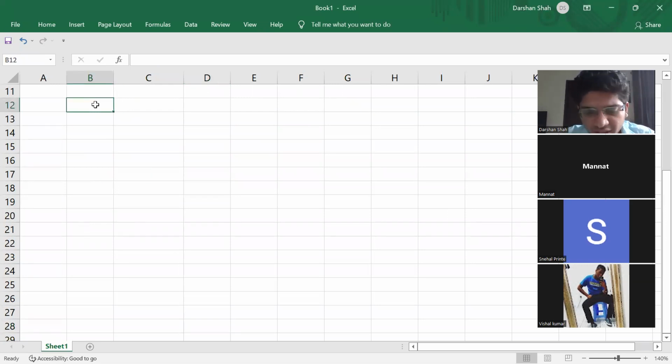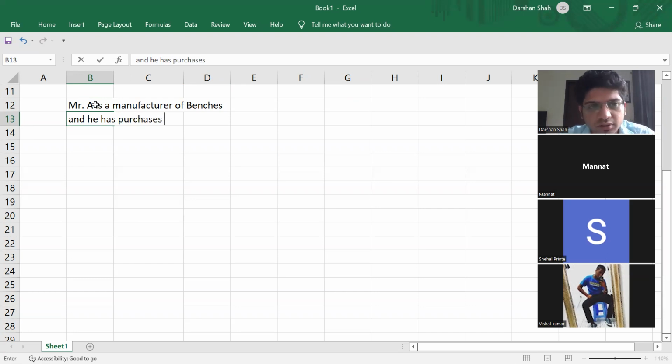Okay, now let me elaborate the example a bit in detail, and then we'll see the conditions. Mr. A is a manufacturer of, let us say, benches. He has purchased, number one, inputs, that is raw material.